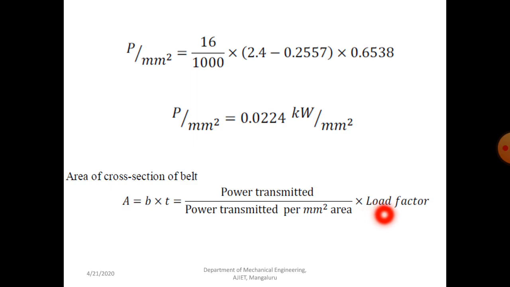If this value is not given, you assume that it is for 100%, it's not for overload. But here in this problem the load factor is given as 1.2. So 1.2 is nothing but 20% more. So that is why we have to multiply.